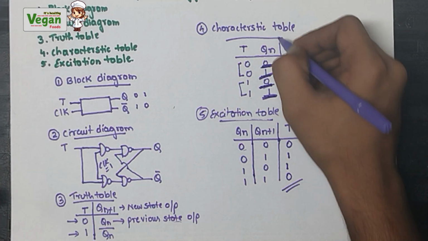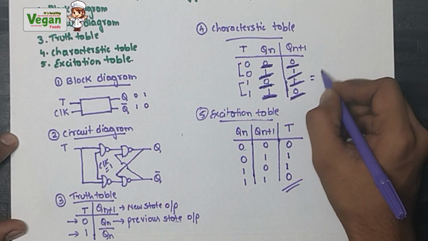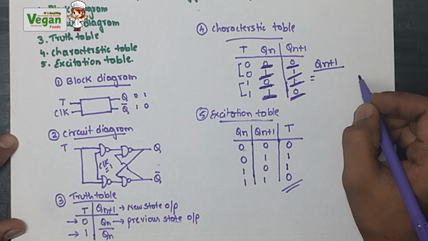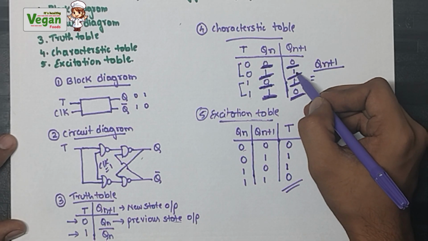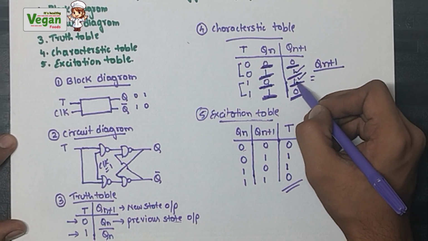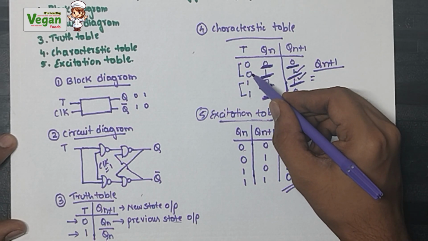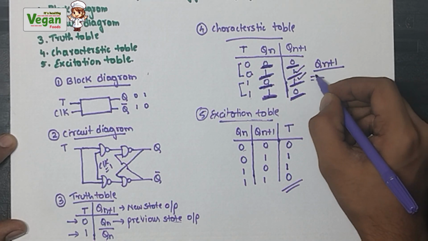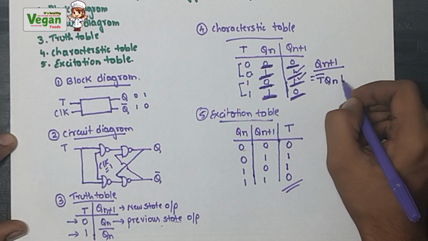Now if you want to write the characteristic equation, how can you write it for the output? You will write Qn plus 1. Where is the Qn plus 1 value equal to 1? Here and here. T and Qn are the inputs. Here T value is 0, so I must write T bar Qn, plus.